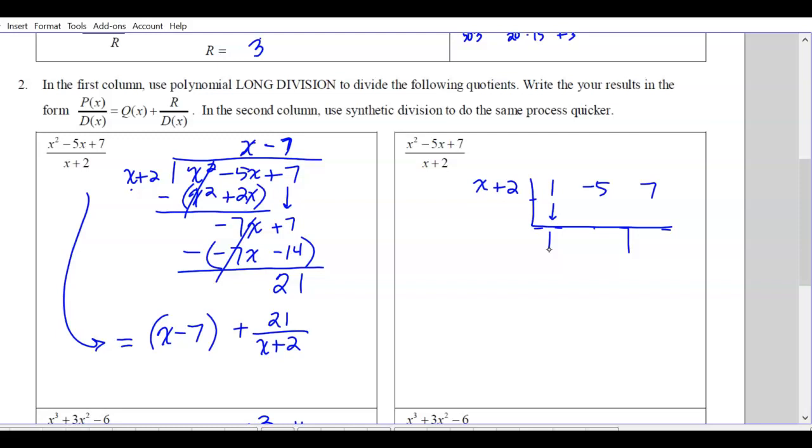Then, just like you do in long division, you multiply back. Okay, but you're just going to multiply it by that constant term. So 1 times 2 is 2, and it goes into the next column. Okay. Then, just like we did there, we subtract. So negative 5 minus 2 is negative 7.